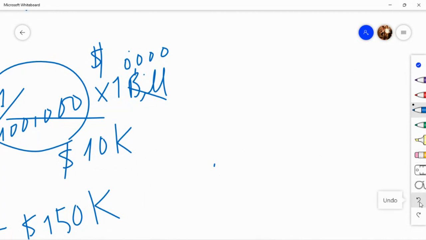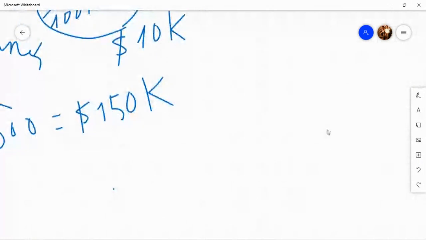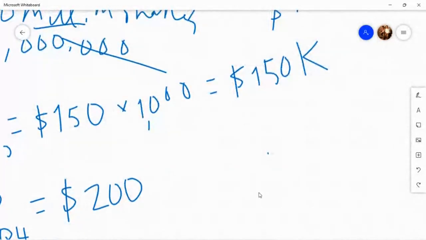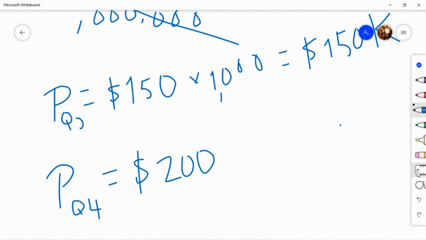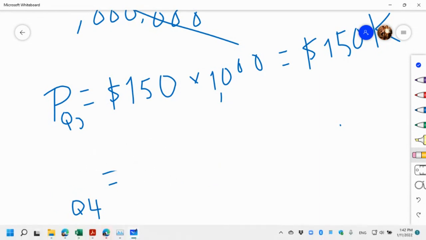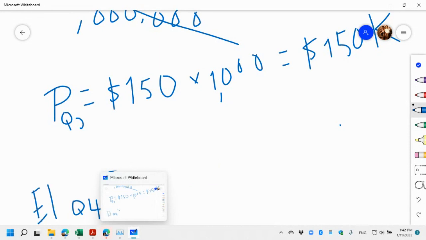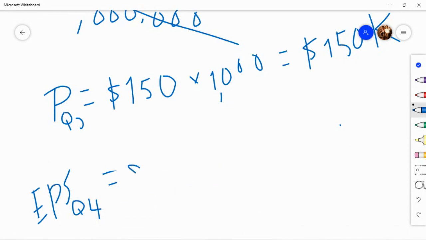So the fourth quarter earnings per share is 100.